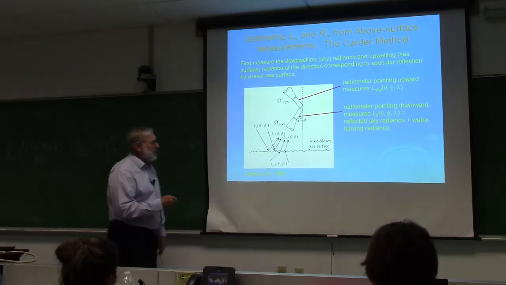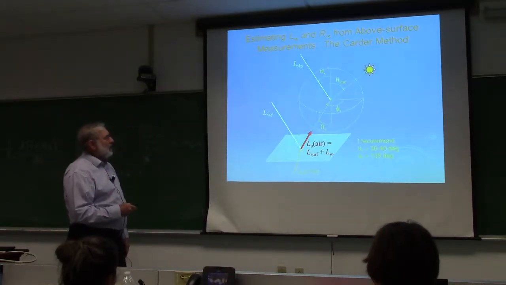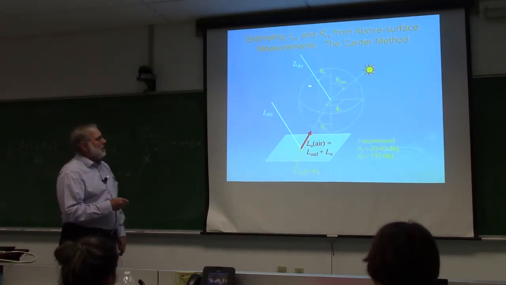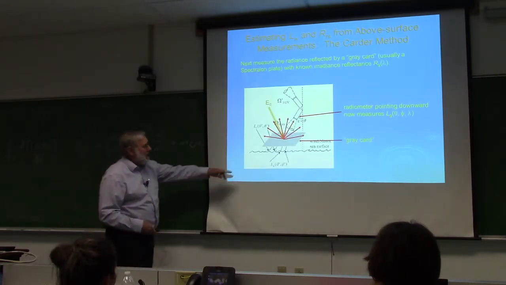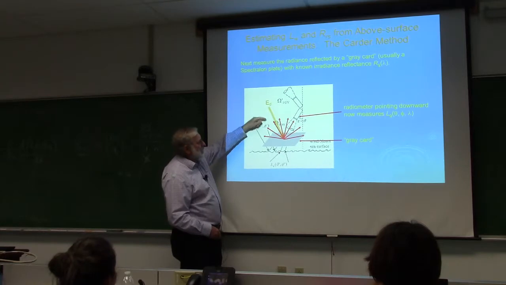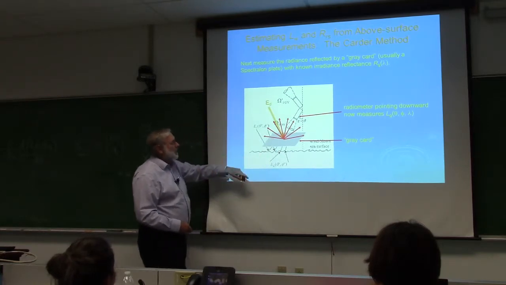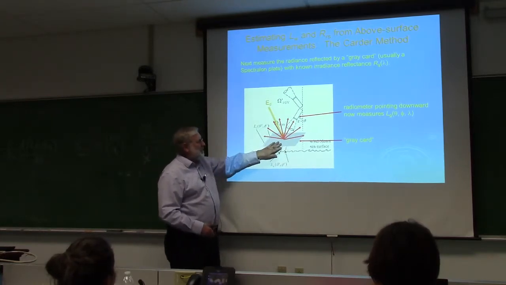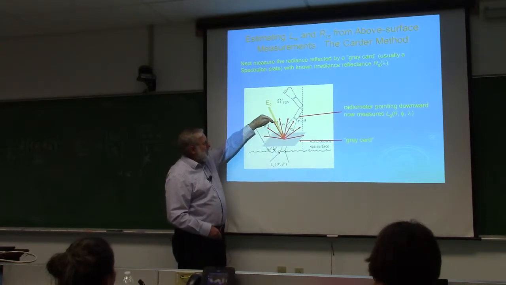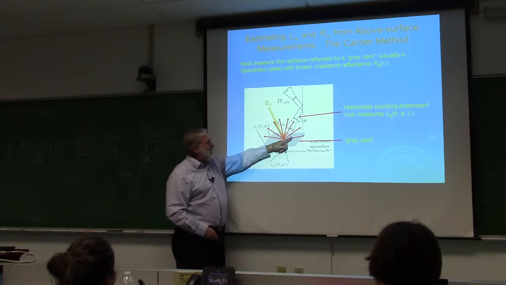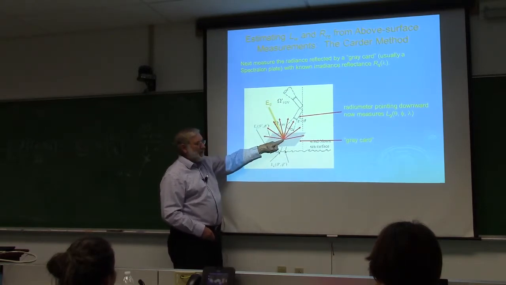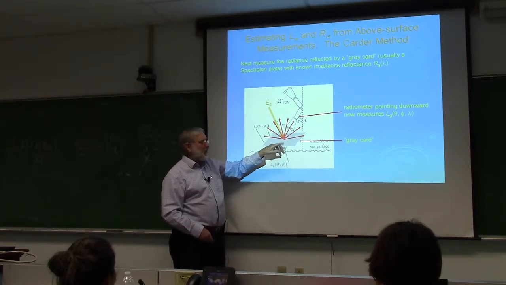So you make that measurement, and then, here's the geometry here, and then you put in the gray card here, and we haven't seen it yet, but assuming this is what's called the Lambertian reflector, then the reflected radiance, which is what you're measuring, is equal to the downwelling irradiance times the reflectance of the card divided by pi.